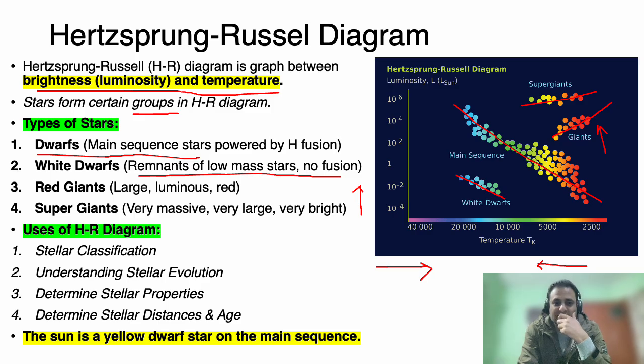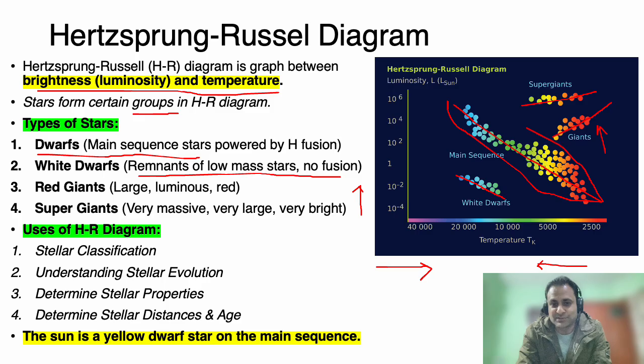These are the basic four types of groups of stars that you will see not only in the Milky Way, but in any galaxy. But have you noticed that most of the stars actually fall on the main sequence? Why is it like this? It's very interesting.